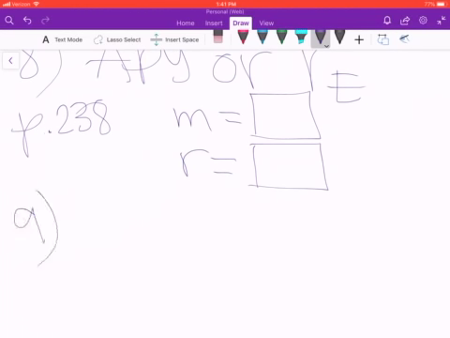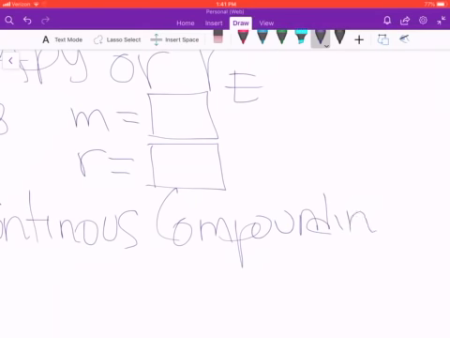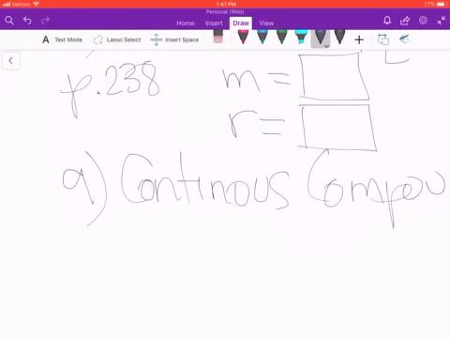For problem 9, you will need to know the formula for continuous compounding. And so you will be asked to find the future value.